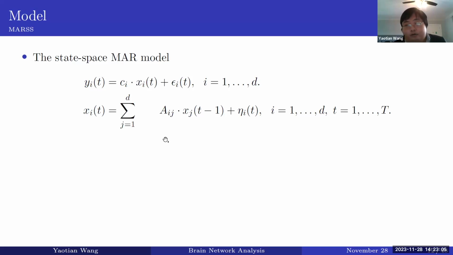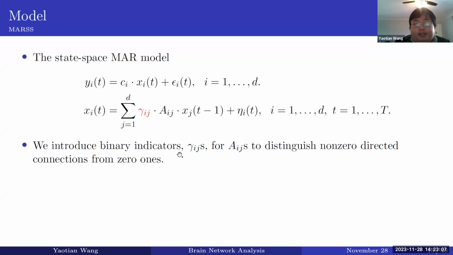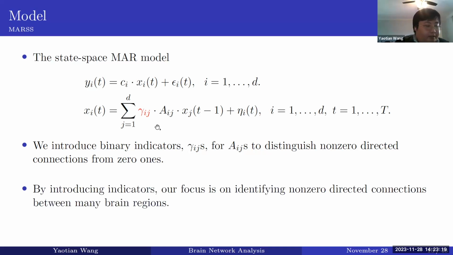To solve this issue, we introduce binary indicators gamma ij's for these model parameters Aij's to distinguish non-zero directed connections from 0. So with these binary indicators, we focus on identifying non-zero directed connections between many brain regions.